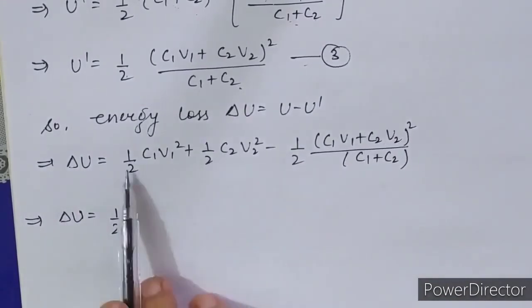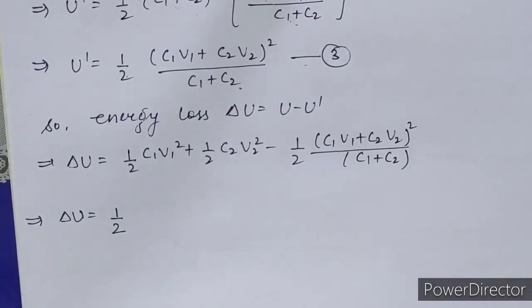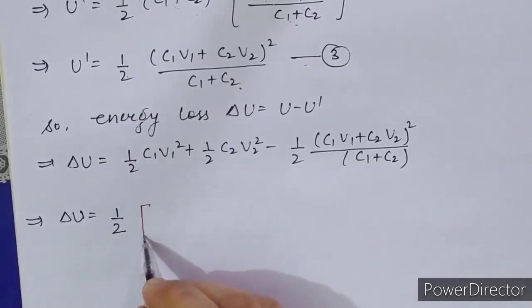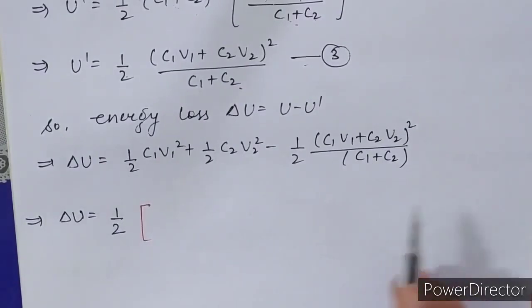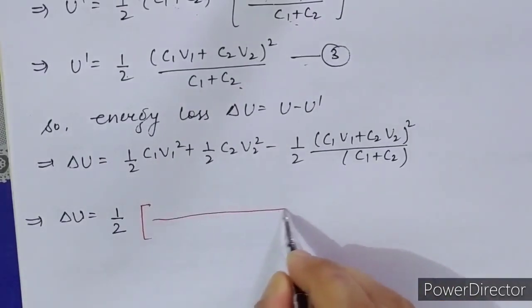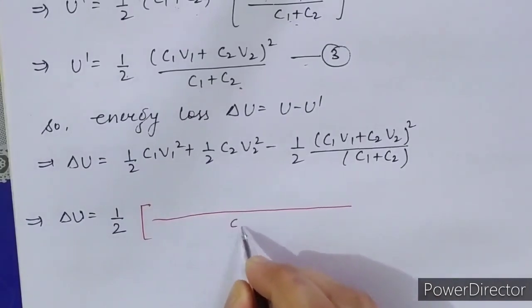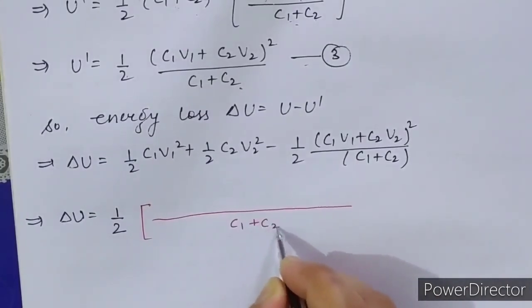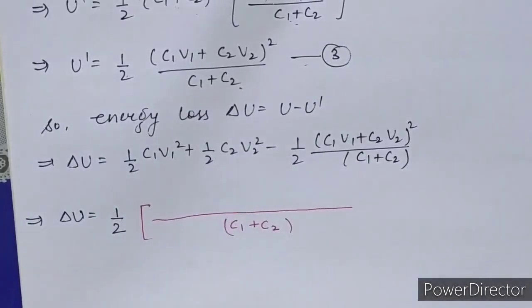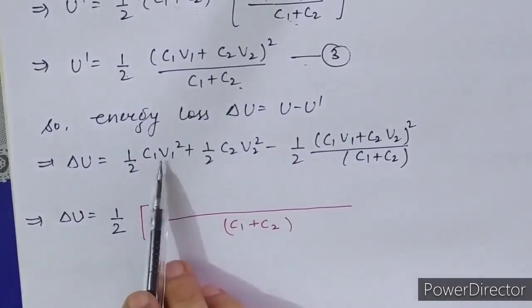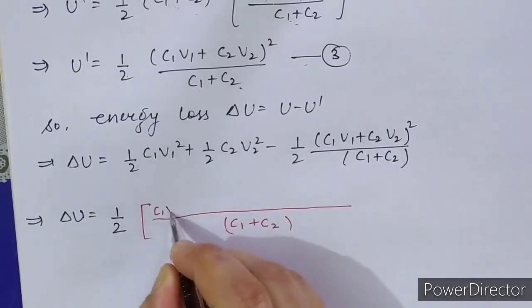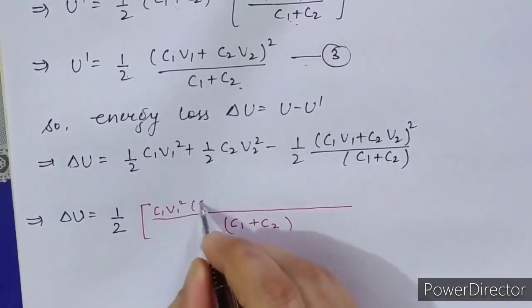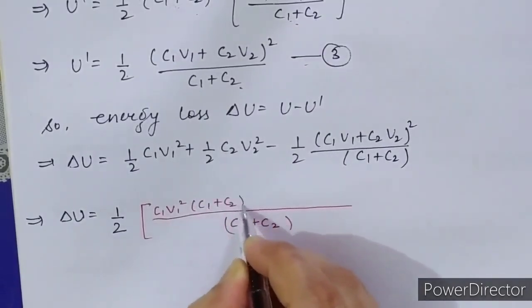First take half as a common. Now we will take the LCM, LCM of C1 plus C2. Now C1 plus C2 will multiply by C1 V1 square, C1 V1 square (C1 plus C2).